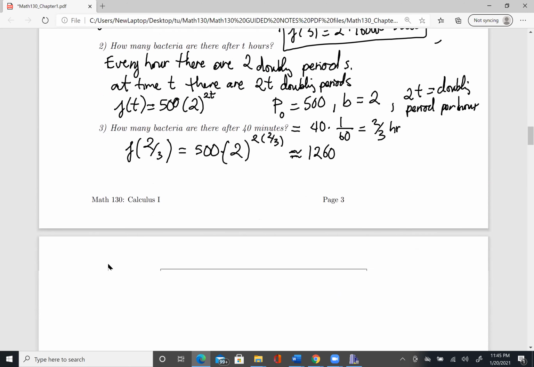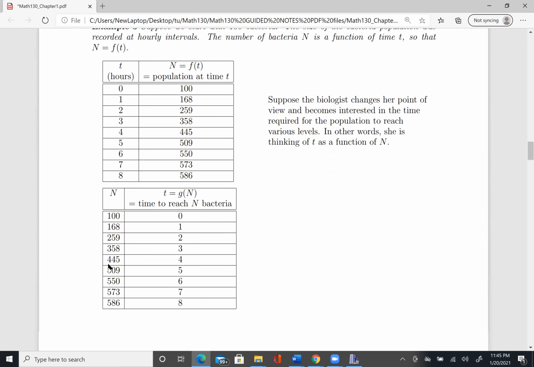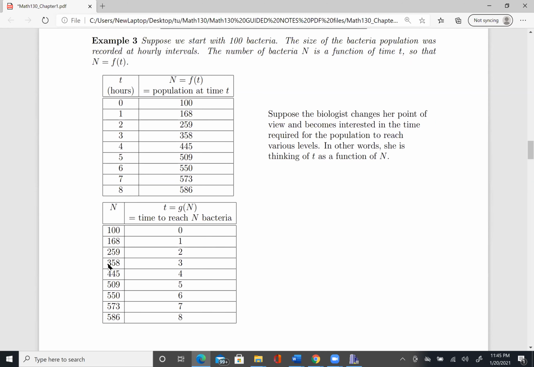Let's go down to the next problem. Example 3. Suppose we start with 100 bacteria. The size of the bacteria population was recorded at hourly intervals. The number of bacteria n is a function of time t, so that n equals f of t.